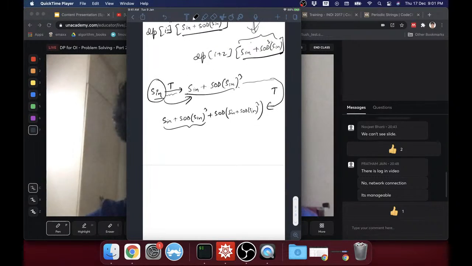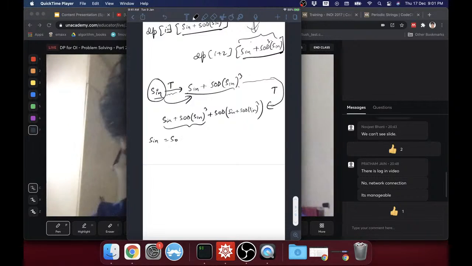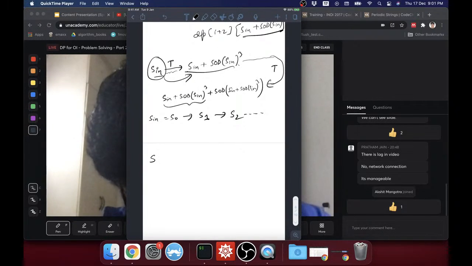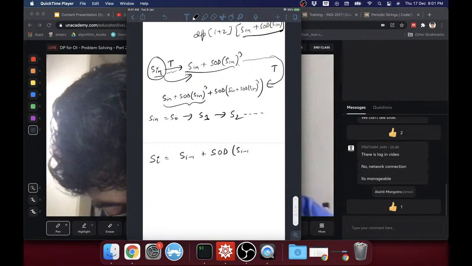Cool. So for notation purpose, let's use the notation S0 as the first strength that we start with. When we train, we jump to S1. When we train, we jump to S2 and so on. More formally, Si is equal to Si minus 1 plus sum of digits of Si minus 1 cubed.